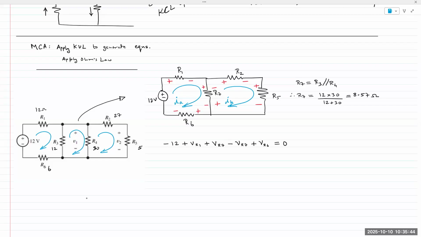The reason for the two VR7s is because R7 is a shared branch. We have two mesh currents flowing through there, IA and IB. Again, they're hypothetical. Because they're going the opposite direction, when we add up KVL, one of them will be added, the other one is subtracted.